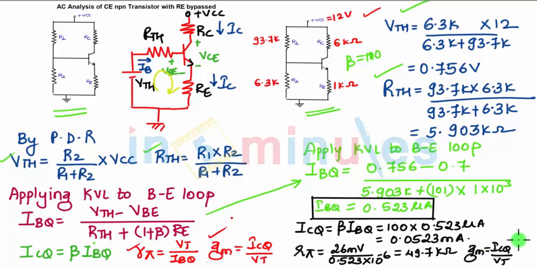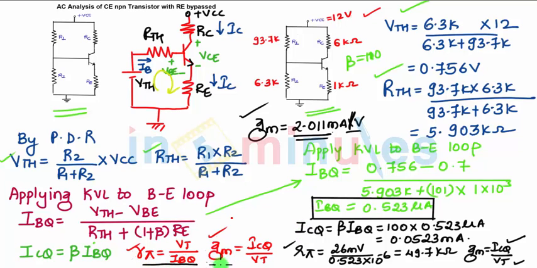So what value of gm will you get from this? gm you will get as 2.011 milliampere per volt. Now how to find the units of this? See, gm is current upon voltage, so you will have ampere per volt, and whatever you are getting, milli, micro, that is the power of 10 that you need to write.